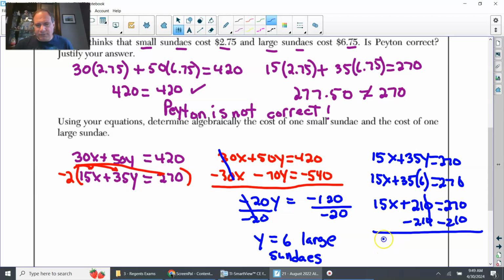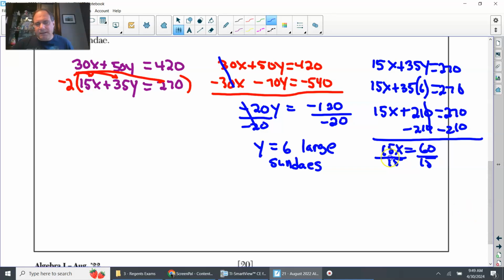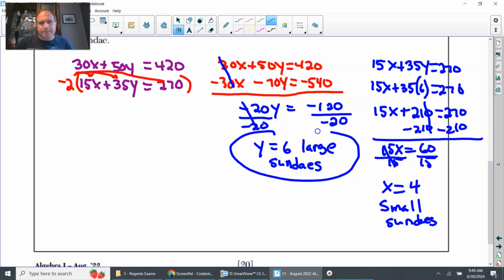This cancels. You have 15x equals 60. Then you divide by 15 on both sides. X equals 4 small sundaes. So 6 large and 4 small.